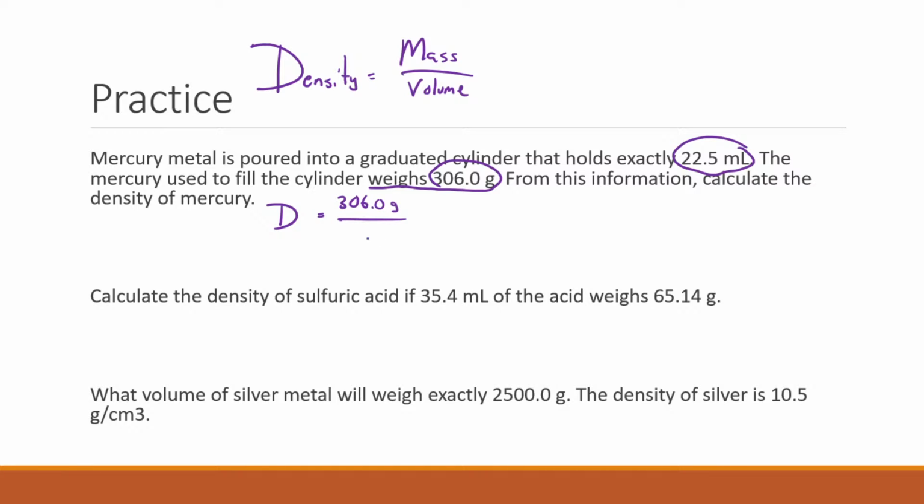We have our volume of 22.5. When we plug in, we're going to get a nice even 13.6 as our mathematical answer. And as far as our units go, grams and milliliters don't cancel out. Neither one is the same as the other, and so we bring them both with us. Grams over milliliter. It stays exactly the way it was.